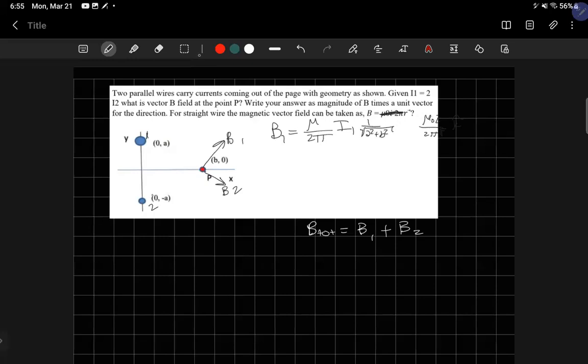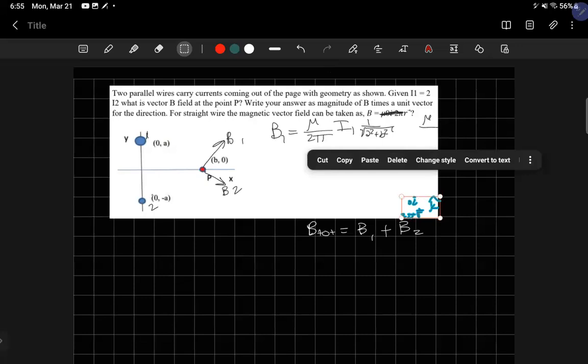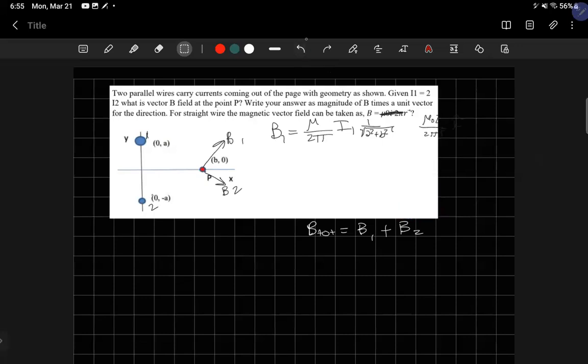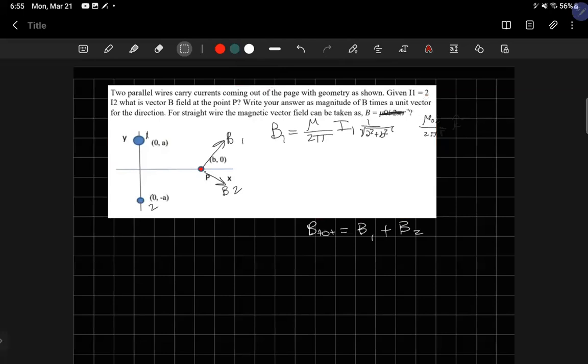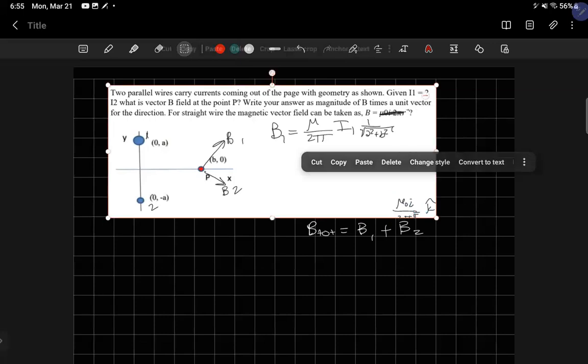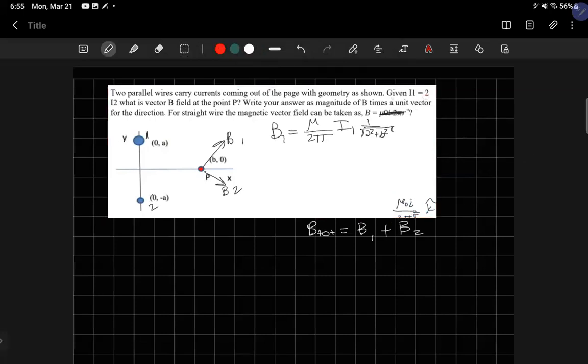And then the unit vector. Okay, unit vector: B i, yes, minus A j, yes.